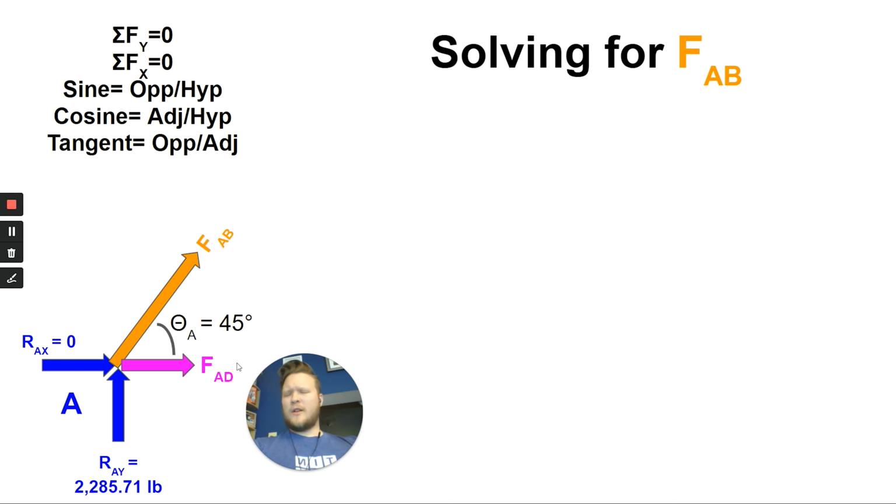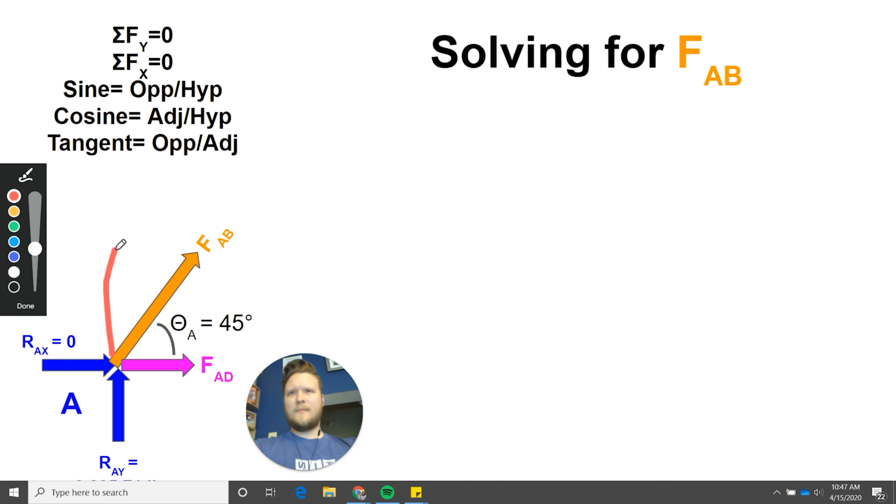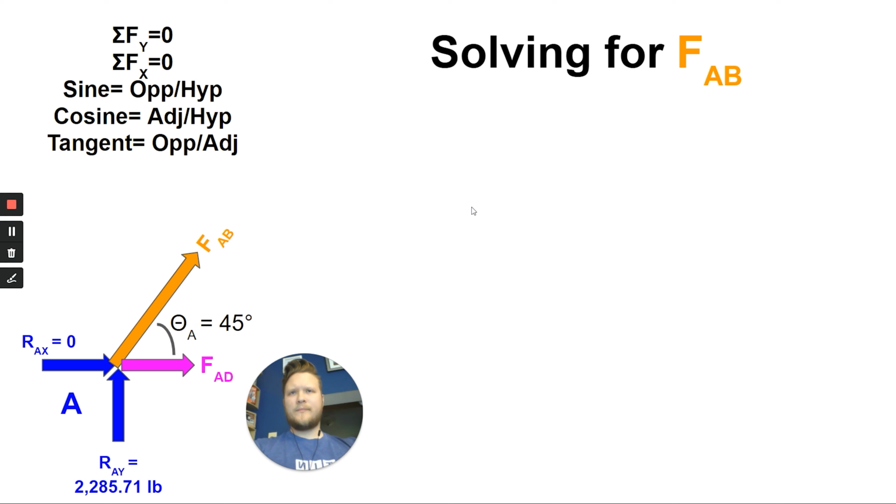I don't know FAD, which is in the x direction, and I don't know FAB, which has an x and y component because it's going up and to the right. But FAB has a y component, and I know RAY, so I know those two added together have to equal 0.